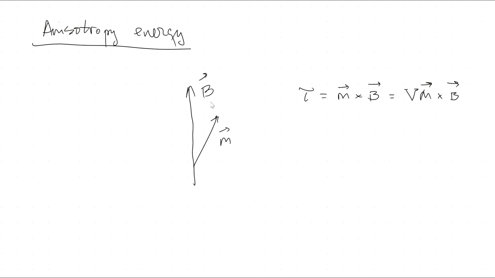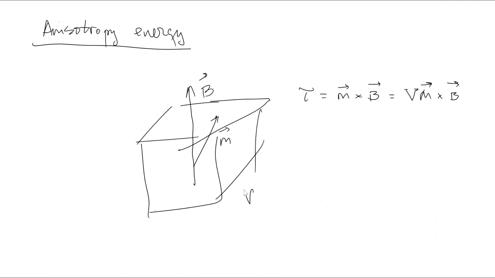And so if you have certain material placed in the magnetic field, of volume V, then that would be the torque. And torque is a vector property as well. Okay, so now if you look at the energy, then energy per unit volume, or this is energy density, would be equal to M dot B.